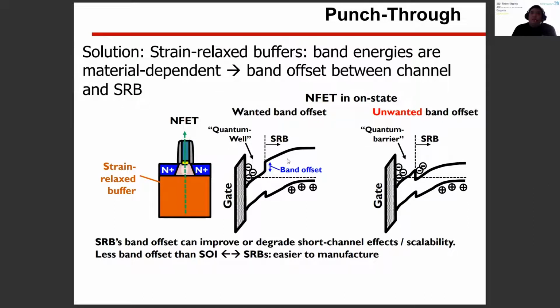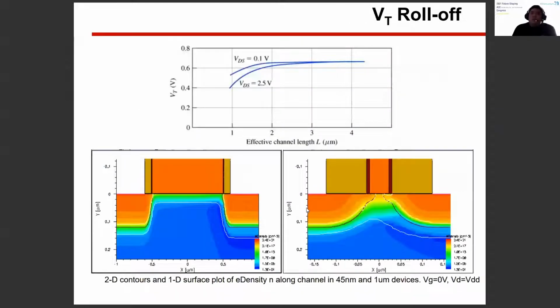So the depletion region cannot be large because there is an electron wall here. Well, this at least is much easier than making silicon on insulator devices, but let's look at this later.